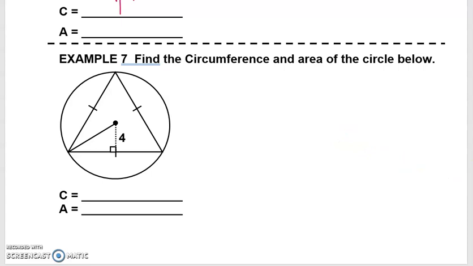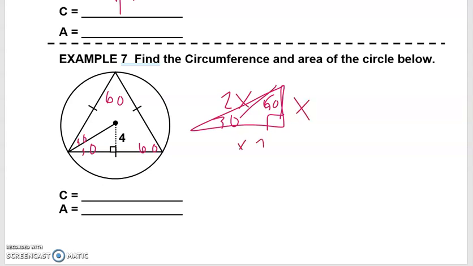This is an equilateral triangle, so this is 60, 60. Together this is 60, so this means this is 30 each. Oops. So 30, 60, 90. 2x, x root of 3.